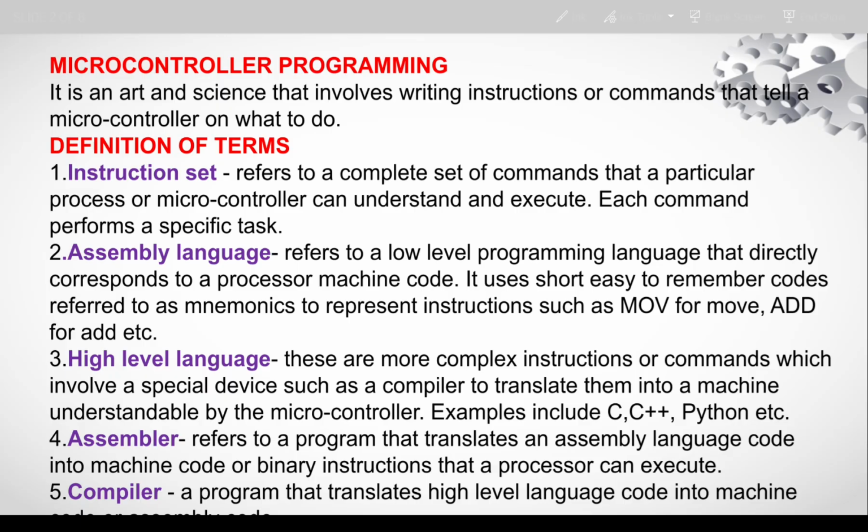So they have to use a device that can interpret that high level language into a low level language, so that it can be used by the microcontroller and instruct that microcontroller to perform a specific task.